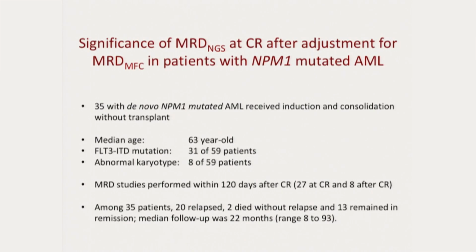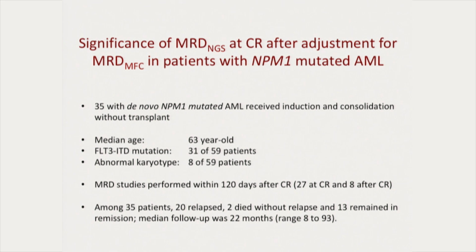So given those analytical comparisons, we also compared the clinical significance. This is done in two aspects. One is we compared the significance of MRD detected by NGS at CR to the flow cytometry, in a subset of patients who received induction and consolidation without a transplant. This is a cohort including 35 patients.